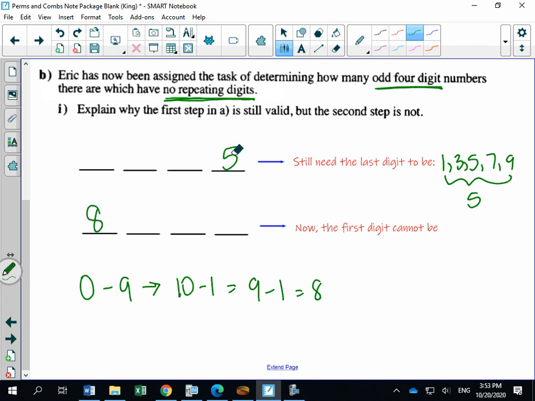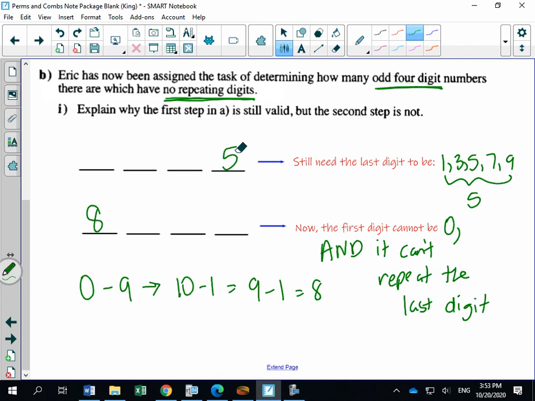Okay, so there's 5 choices that make it odd. The first digit can't be a 0, and it can't repeat the last digit. So I had 5 choices here, and I have 8 choices here.